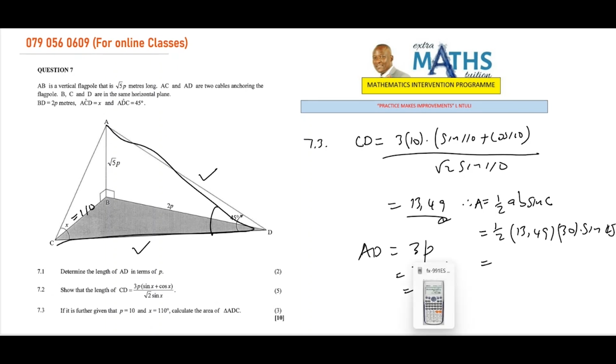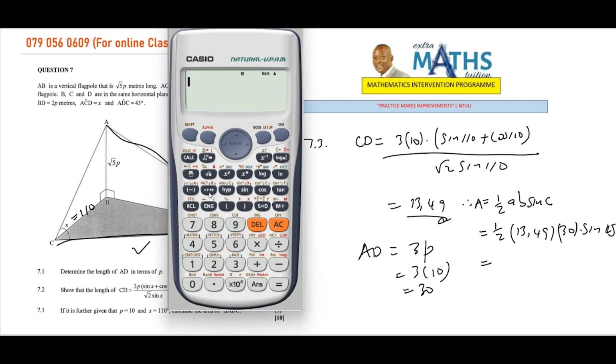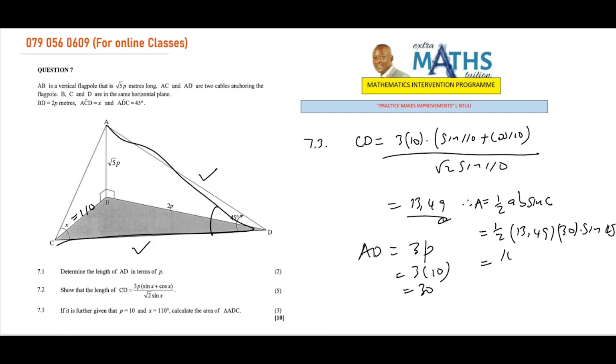Then go to your calculator again. Half times 13,49 times 30 times sine 45. It's 143,08.